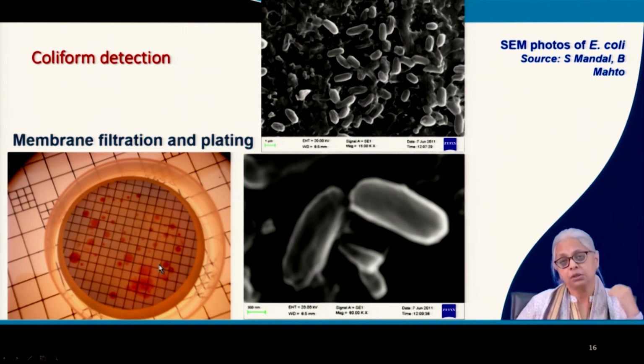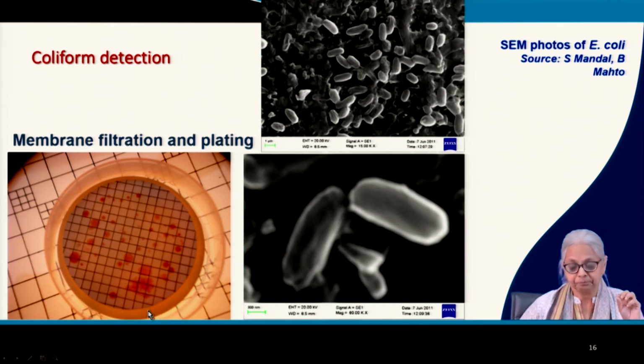So this is what is called a chromogenic agar media. So this membrane filter is resting on a nutrient pad. The membrane and the nutrient pad come in sterilized packages. They are commercially available. All you need to do is add sterilized water to this, and when you filter the sample through this filter, you can count the number of colonies, and you can see that the larger colonies represent a cluster of cells.